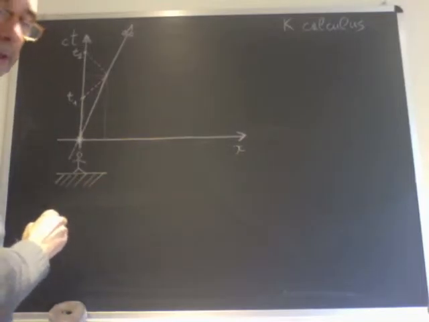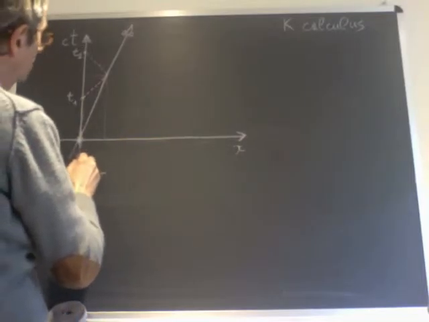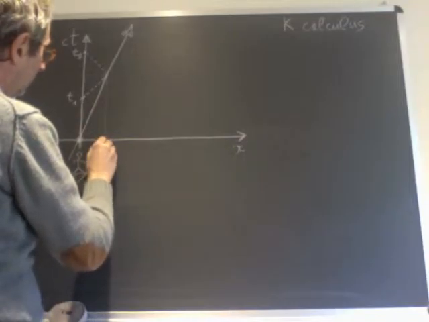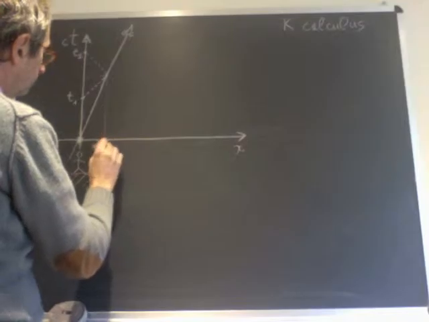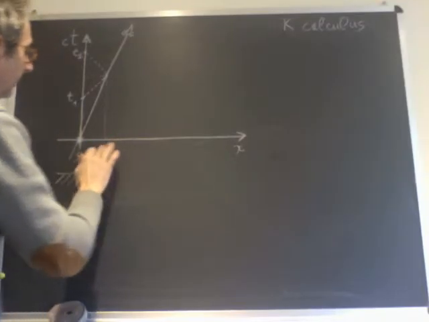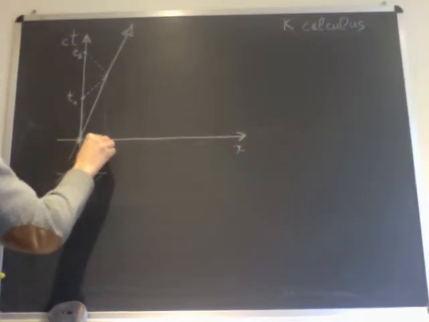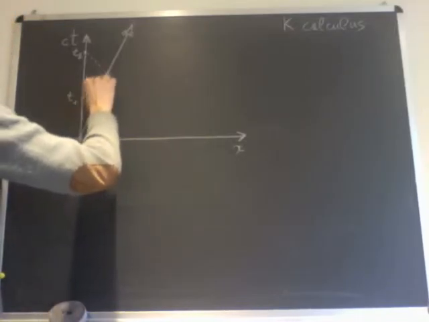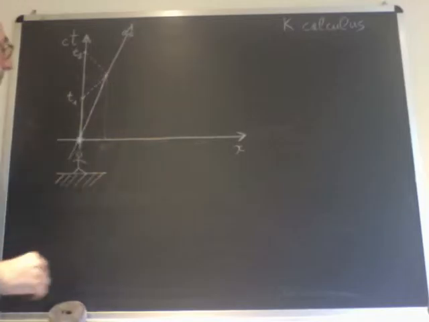Let's call this position P. Now we calculate what it is. This is the position in the x direction where the beam of light touches the rocket.